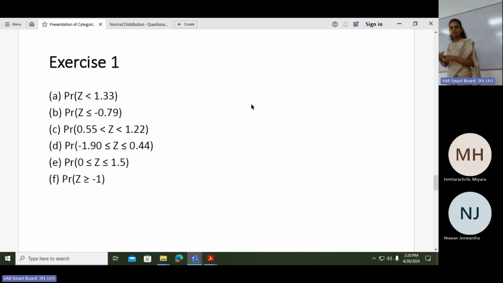Then we look at 0.44, which gives 0.1700 for 0 to 0.44. Then we look at 1.90, which gives 0.4713. Understood? Then how to get the probability value? Add them together. What is that? 0.6413. Understood?